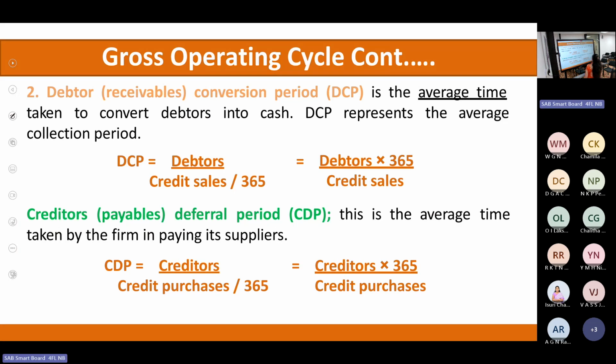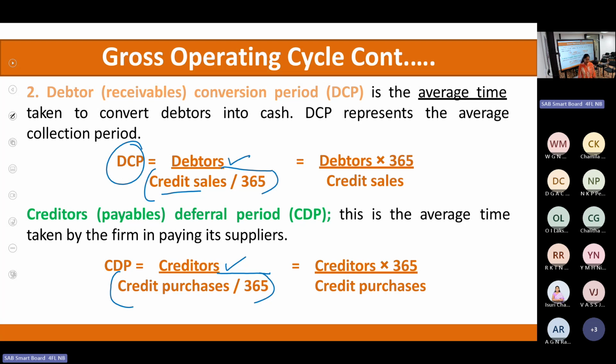Very basic formulas. We know them, no? Debtor conversion period: debtors divided by credit sales divided by 365, or else debtors multiplied by 365 divided by credit sales. And then creditor deferral period: creditors divided by credit purchases divided by 365, or multiply the creditors by 365 and divide by credit purchases.